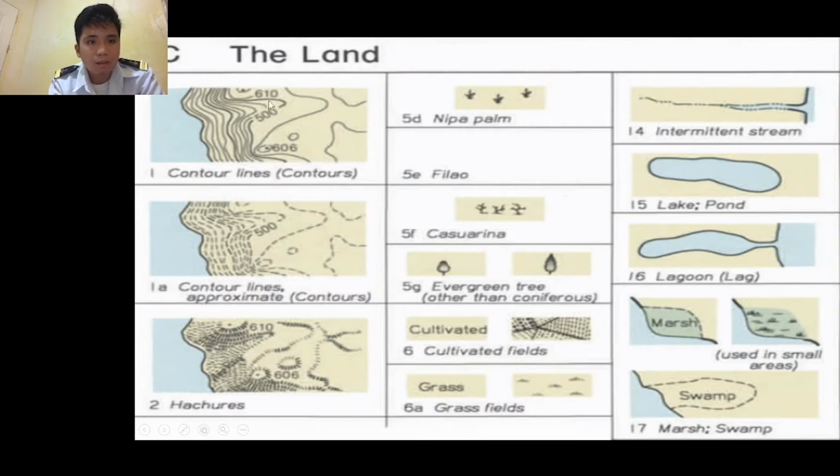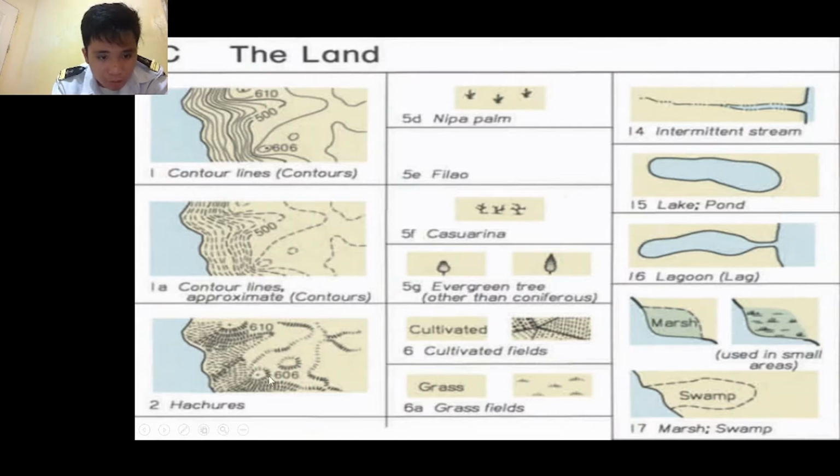In the second one, we have contour lines, but these are approximate. If you can see broken lines, these are also contour lines, but approximate contours, meaning they are not as exact compared to the straight contour lines.